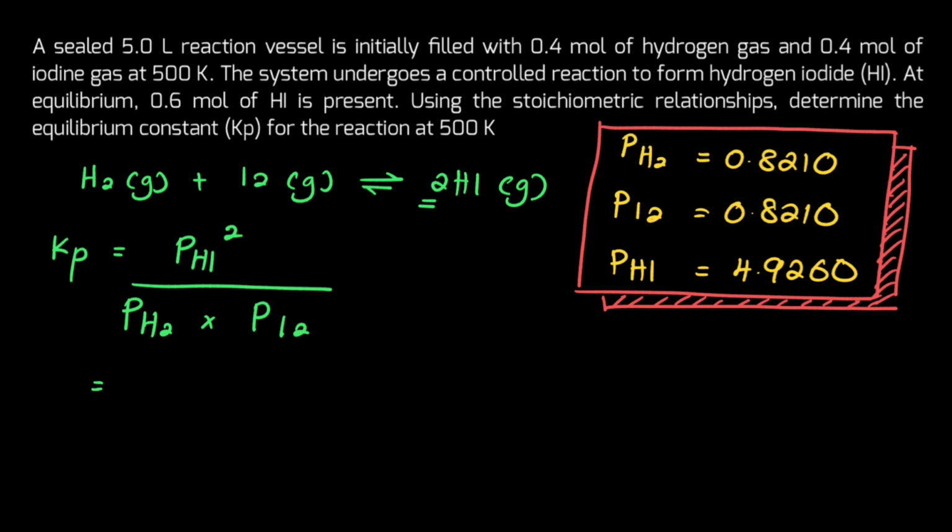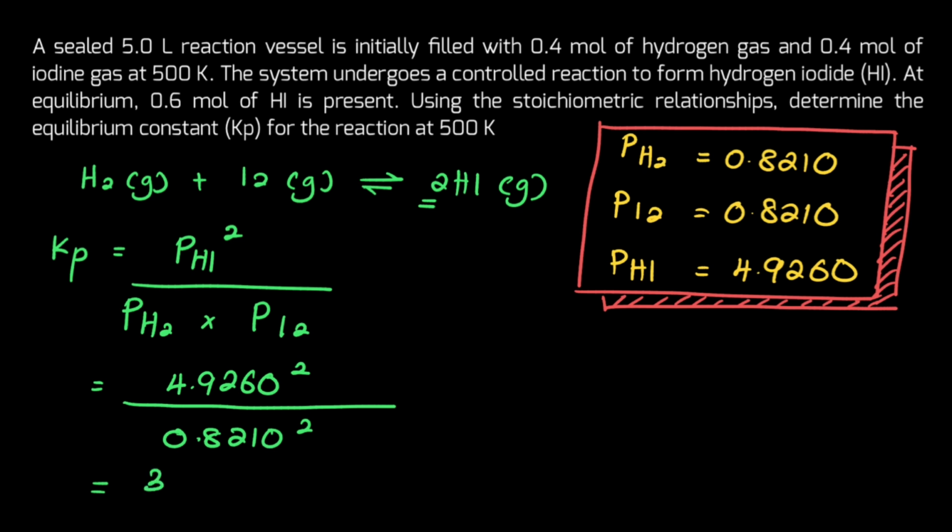We use the values calculated just now: 4.9260 squared, divided by 0.8210 squared, since the two reactant pressures are the same. You will get your Kp equivalent to 35.9999. So this is the final answer for this question.